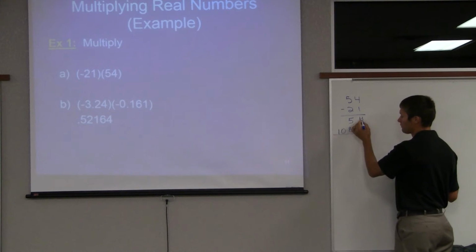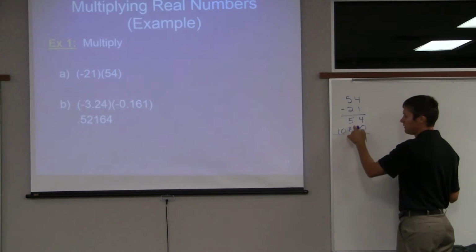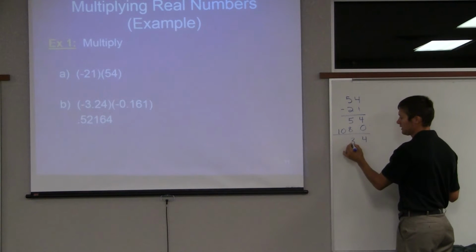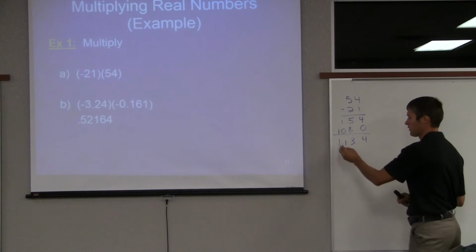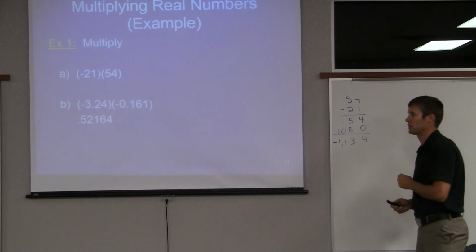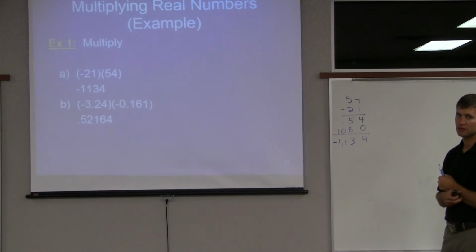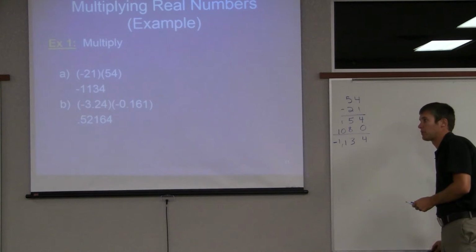Add them together. 4 plus 0 is 4. 5 plus 8 is 13. Carry the 1. 1 plus 0 is 1. 1 plus 0 is 1. So we'd have 1,134. Make sure we include a negative. So that's example 1.